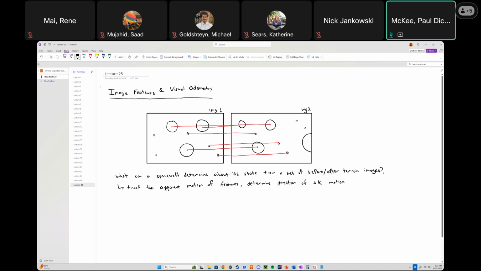Distance is actually a bit harder, as we will discuss. As a matter of fact, for a monocular camera, there exists a range ambiguity problem.